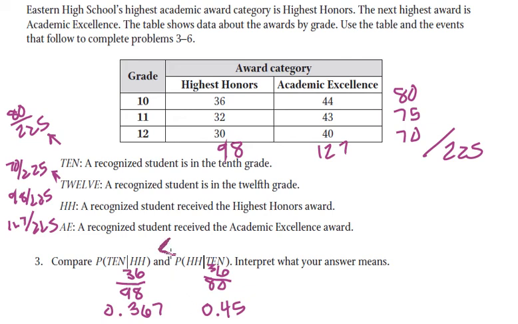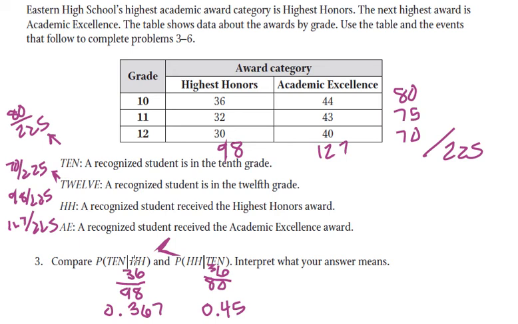So here, our symbol goes that way. So what this means is it is more likely that they will have highest honors given that they're in 10th grade than that they will be a 10th grader given that they have highest honors. So if you go to the group of 10th graders, it's basically saying, given that they're a 10th grader, it's more likely that they will have highest honors than that they will be a 10th grader given that they have highest honors.